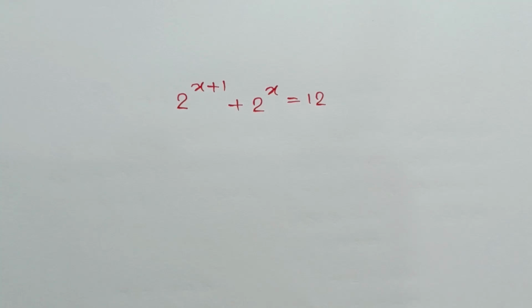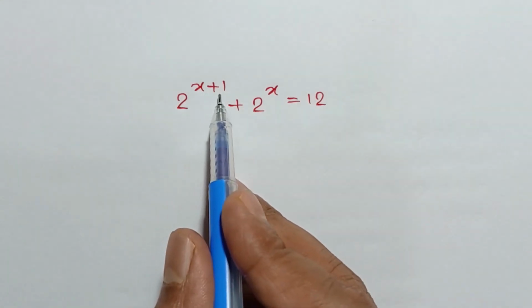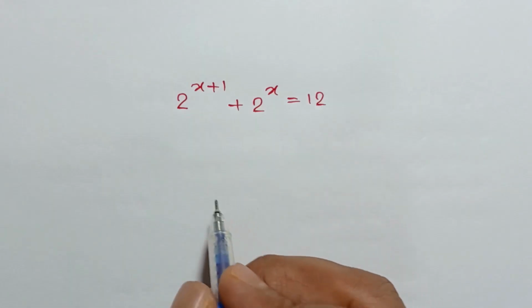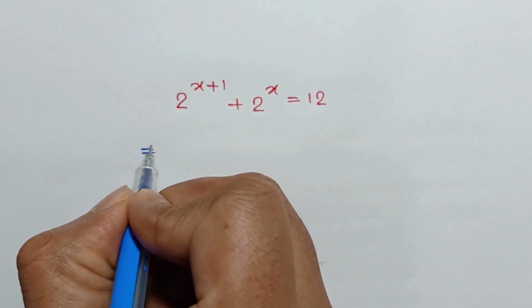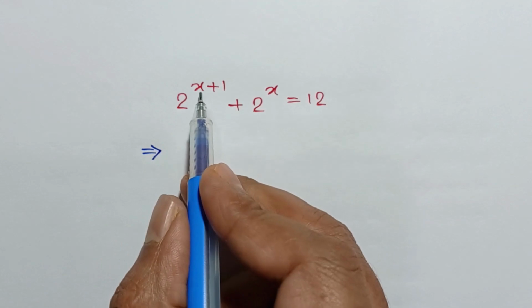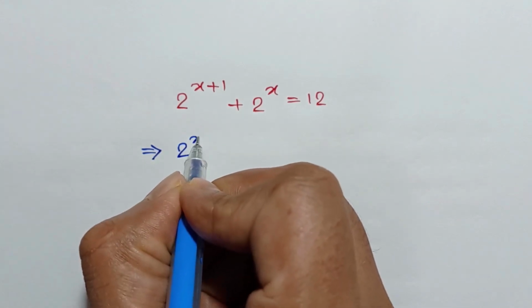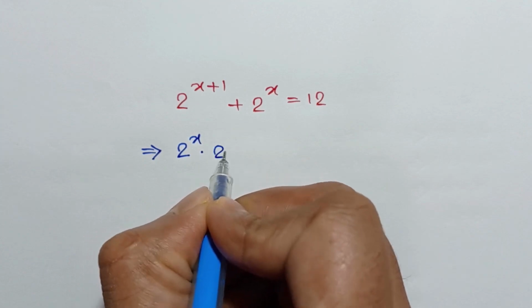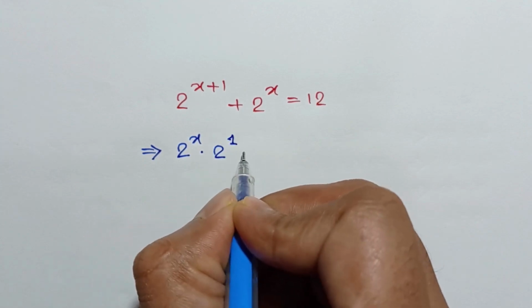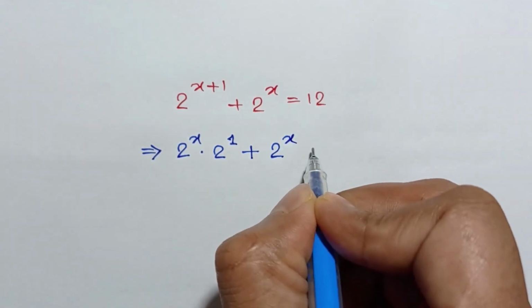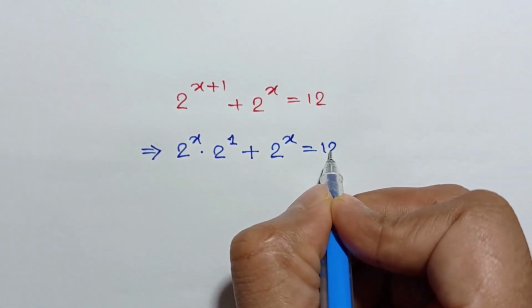Hi everyone, in this video I am going to show how to solve 2 to the power x plus 1 plus 2 to the power x is equal to 12. Or, 2 to the power x plus 1 can be written as 2 to the power x times 2 to the power 1 plus 2 to the power x is equal to 12.